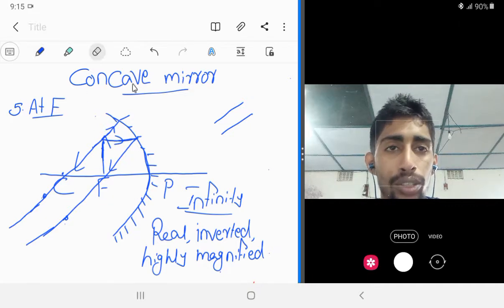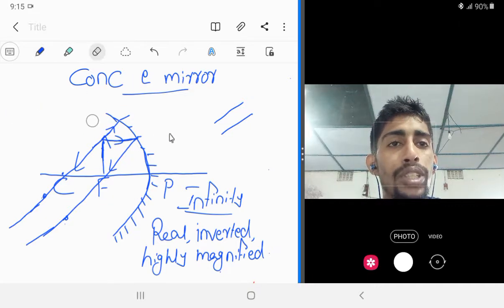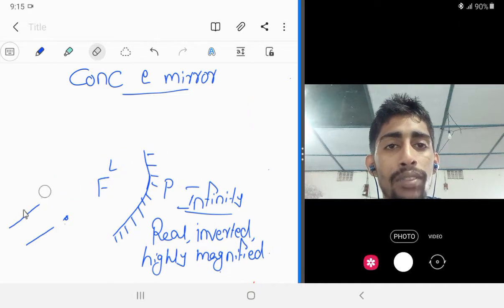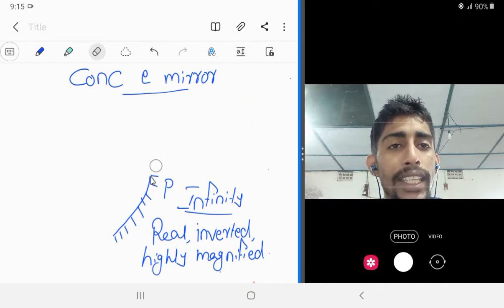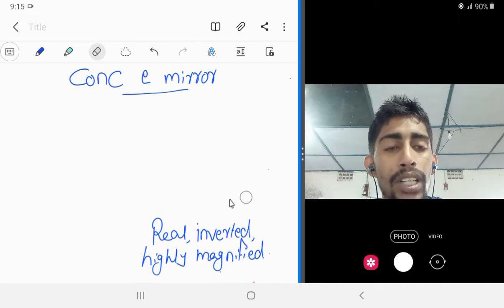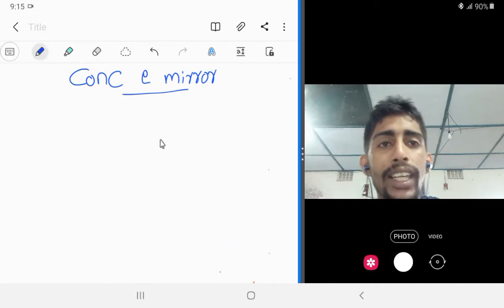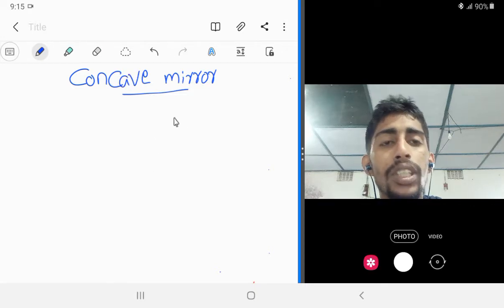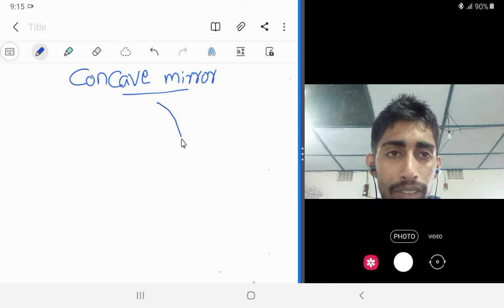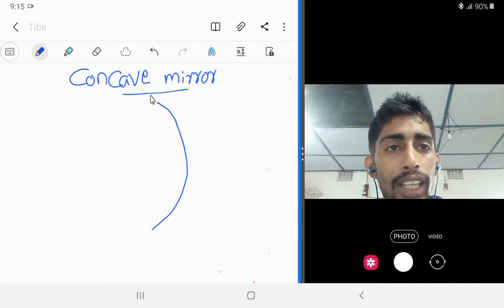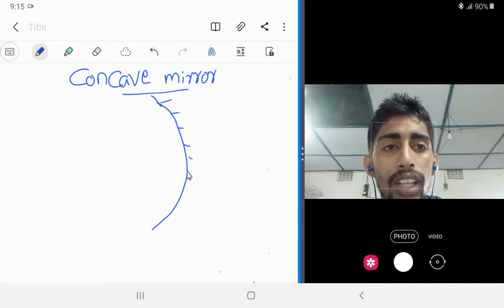I hope you understood. Then next one which we are going to study is when we keep the object in between the principal focus and pole. So if you are taking a concave mirror, my diagram is not that clear, okay?